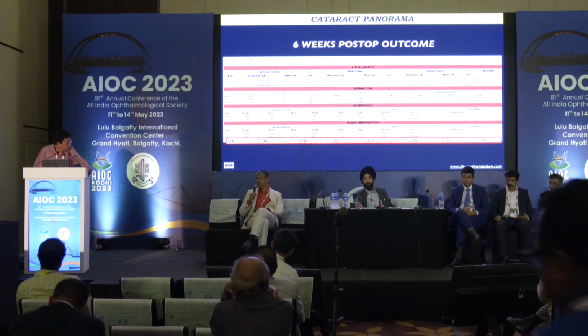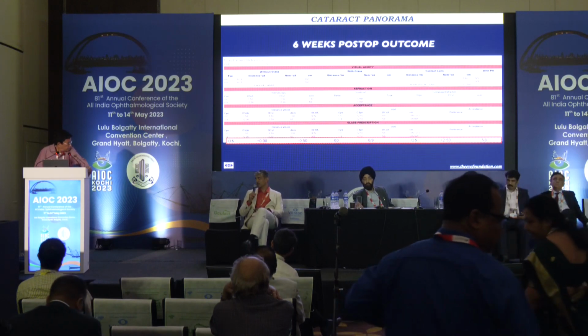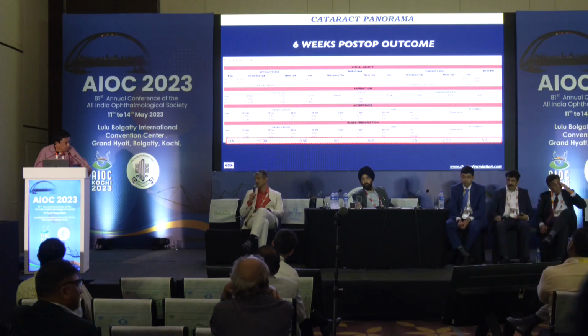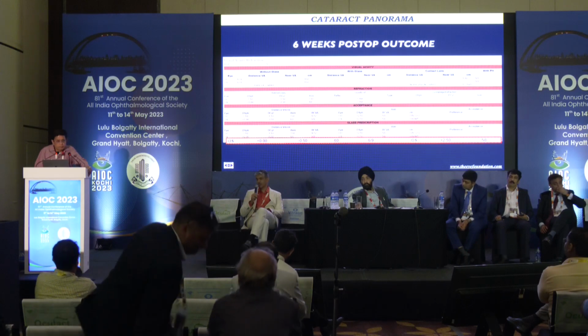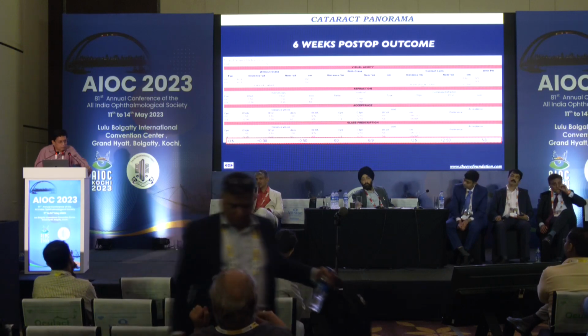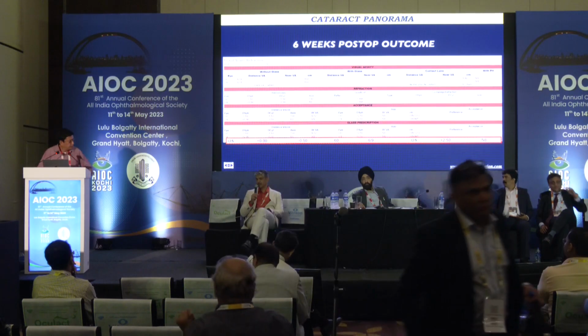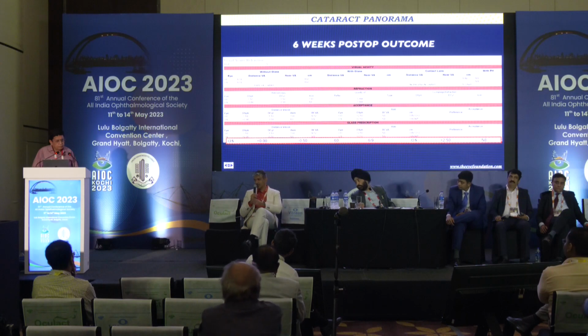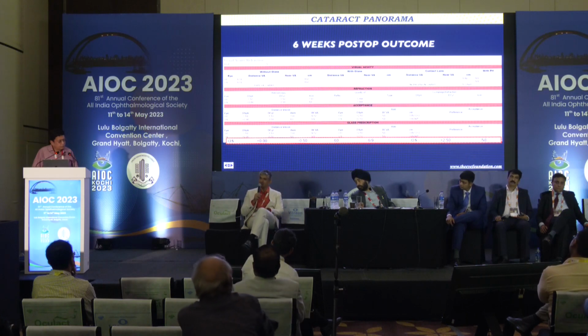Would you err on the side of myopia or hyperopia when you're looking at the biometry in such cases? I think I would err slightly on the side of hyperopia. Yeah, you have to err on the side of hyperopia because many of these formulas look at the K readings and derive the anterior chamber depth, ACD, and then the effective lens position from the curvature of the cornea.